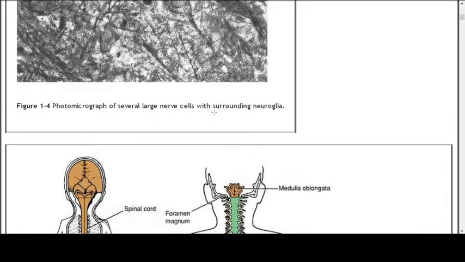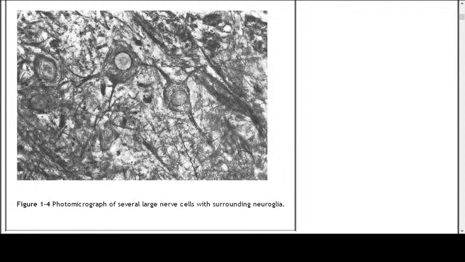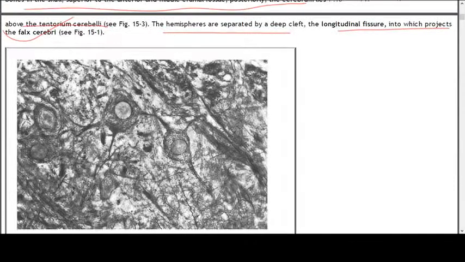Photomicrograph of several large cells with surrounding nuclei. So this one right here is the nerve cell, and this is the nucleus of the nerve cell. This is the head of the nerve cell.